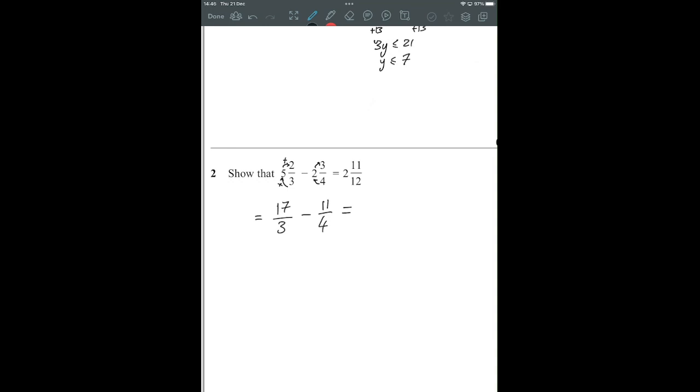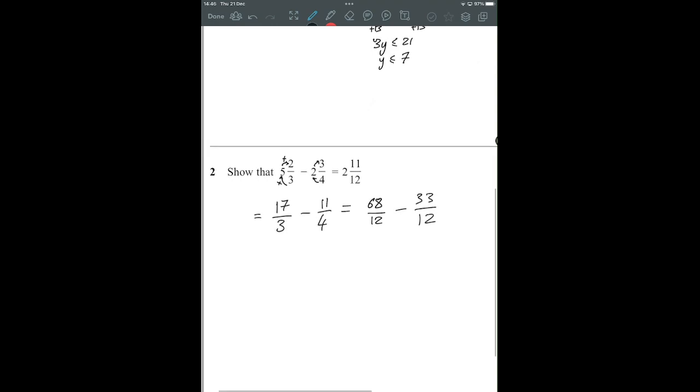Now I need a common denominator. 12 is going to be my choice, also the obvious choice being in the answer as well. To get from thirds to 12, I times top and bottom by 4. And to get from quarters to 12, I times by 3. So that's giving me 35 over 12.